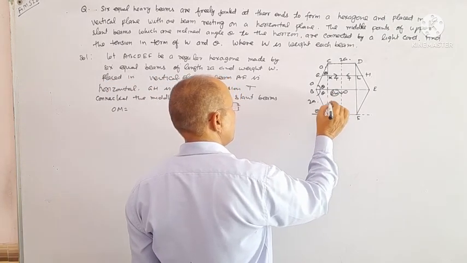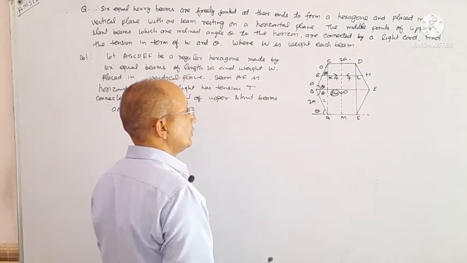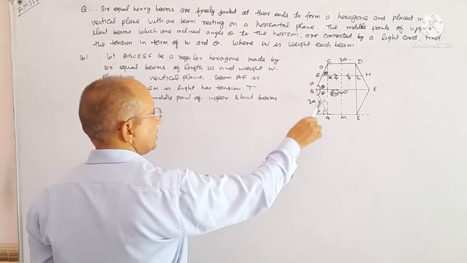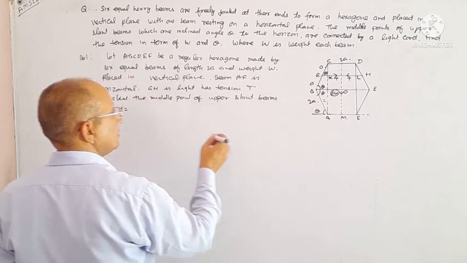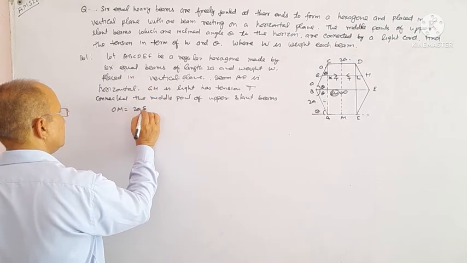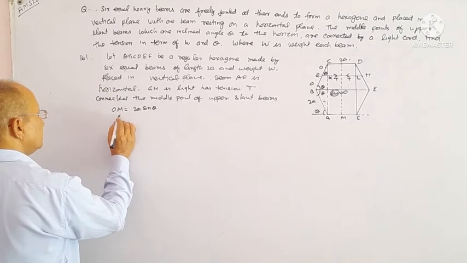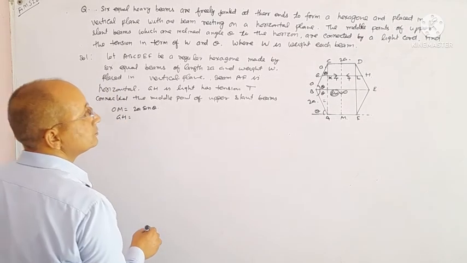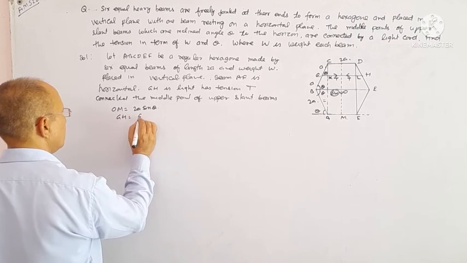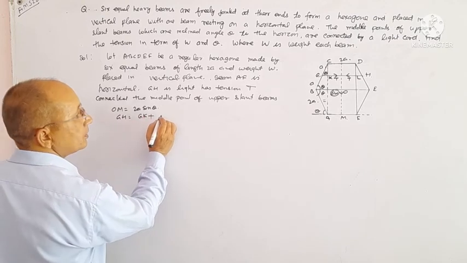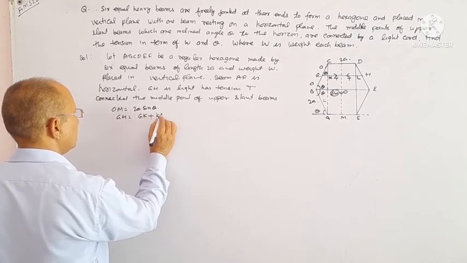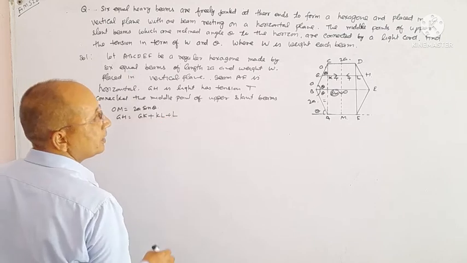OM in this triangle, OM, that is the hypotenuse perpendicular, is a sin theta, and GH equals GK plus KL plus LH.